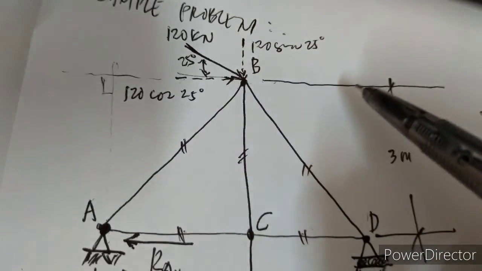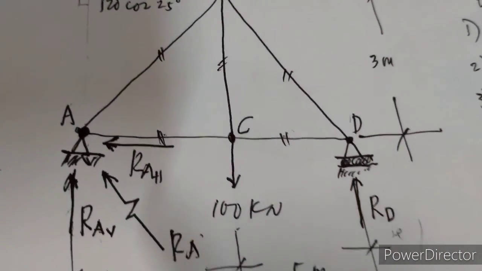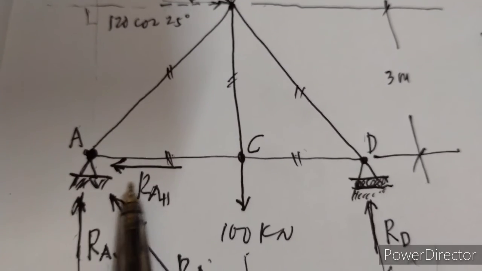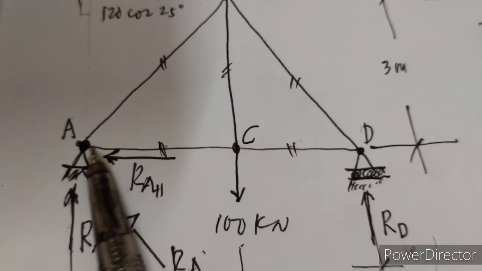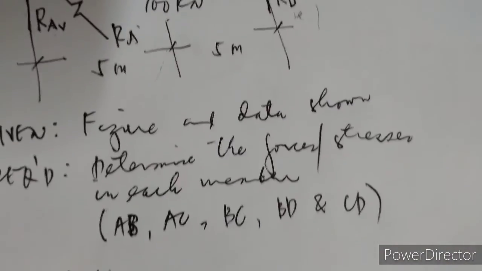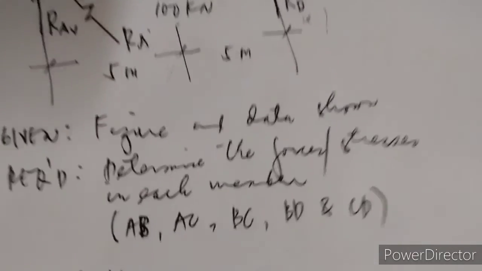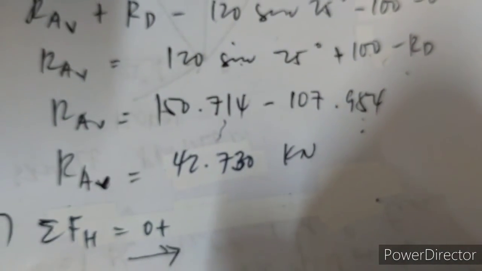So 120 cosine, it's going to the right. Then RAH, the horizontal component of the reaction at this joint. What is going to the right is 120 cosine of 25 degrees minus RAH. This is the general equation, is equal to 0.